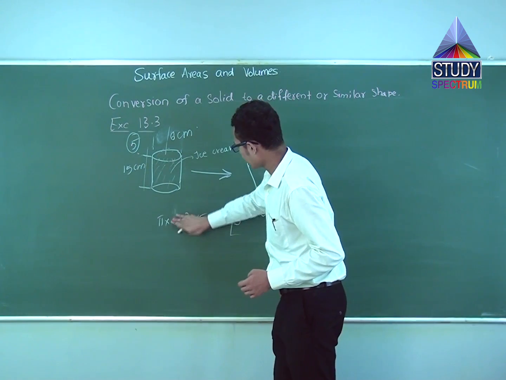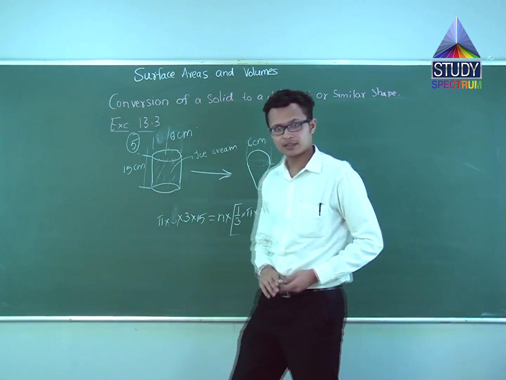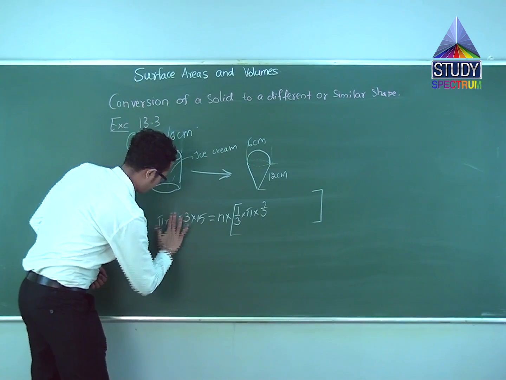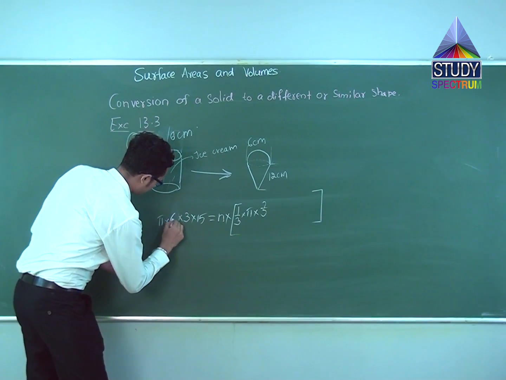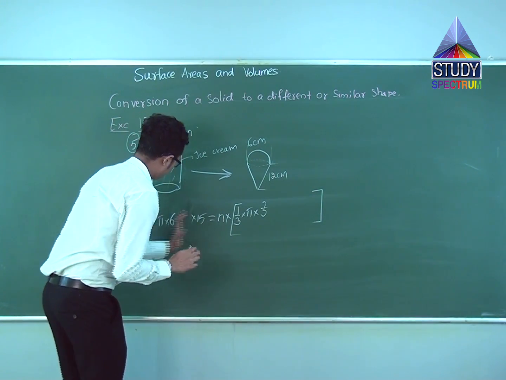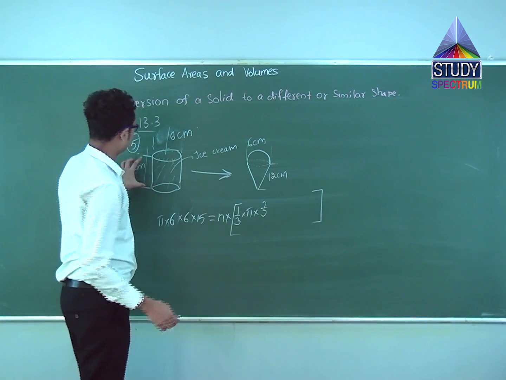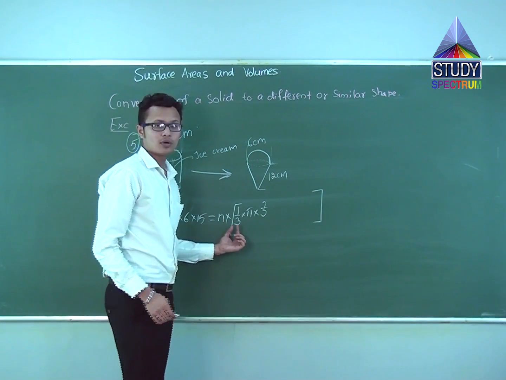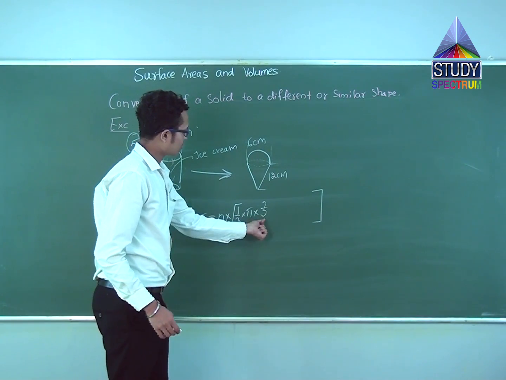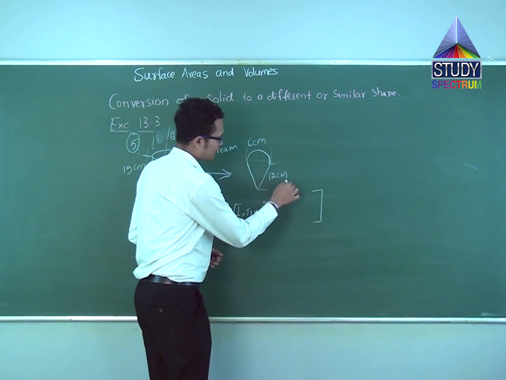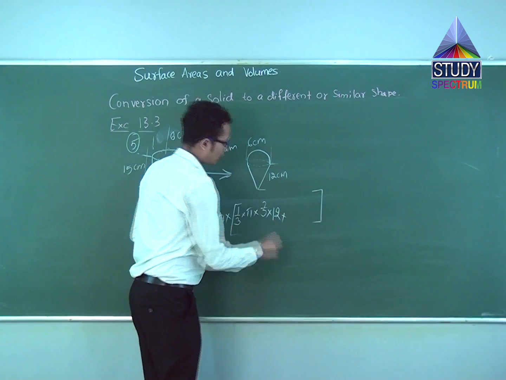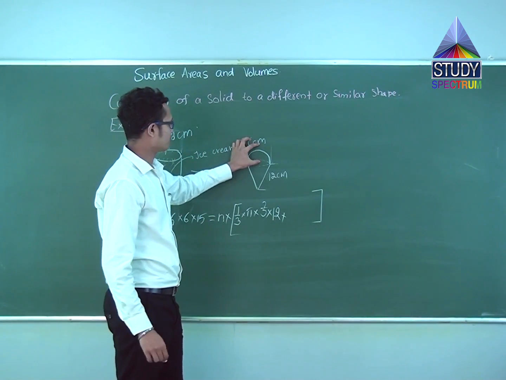So therefore you have this as 6, and 6 pi r square into h is equal to n into 1 by 3 pi r square into h, h is the height of the cone, plus the volume of the hemisphere.